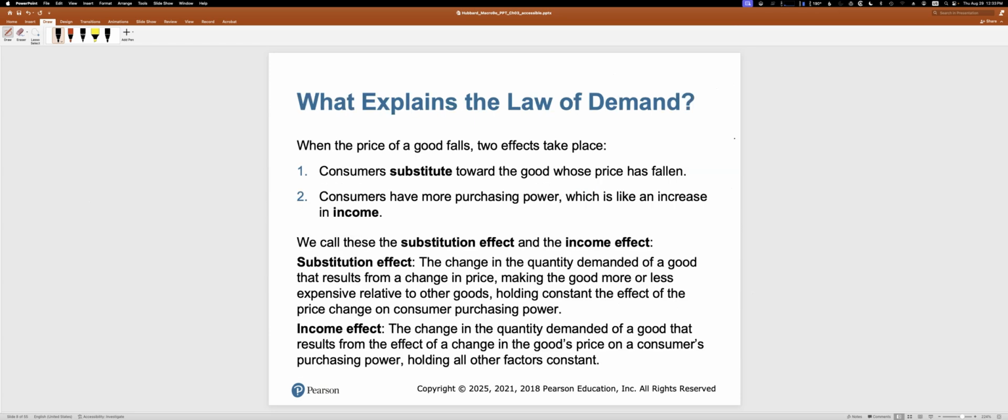And we see that causal relationship caused by two things. When the price falls, two things happen.